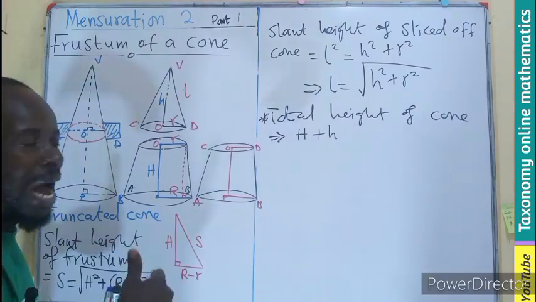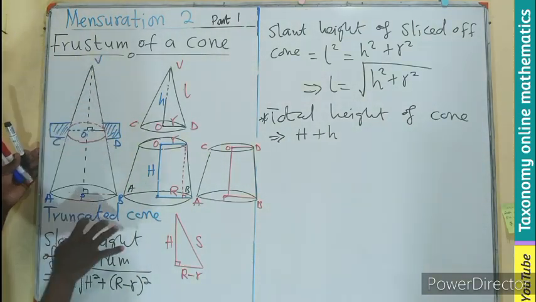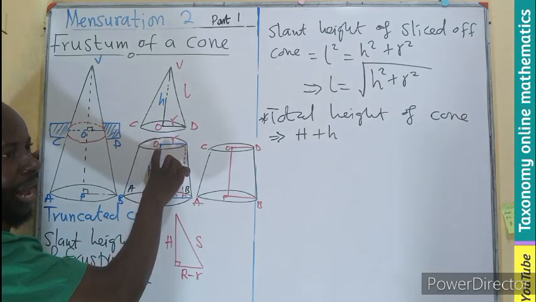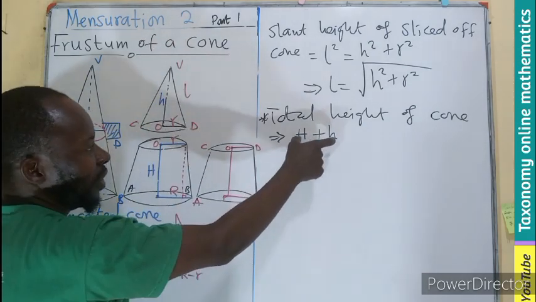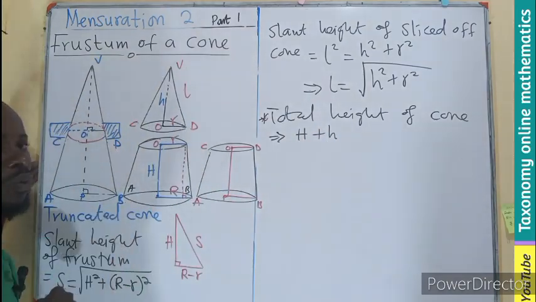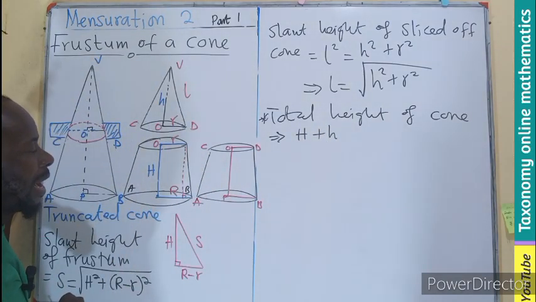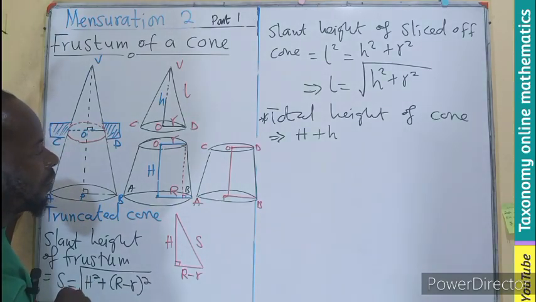If I add the truncated cone, which is a frustum, and the cone that is sliced off, I'll be able to find the total height, right? Good.